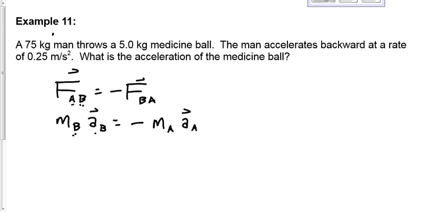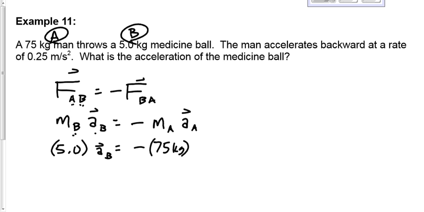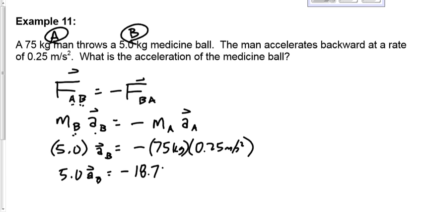Let's make the man object A, and let's make the medicine ball object B. If that's the case, we're going to say 5.0 kilograms for the mass of object B times the acceleration, that's what we're looking for, the acceleration of the medicine ball, equals negative 75 meters per second squared. 75 times 0.25 is, and we're going to say now negative 18.75 divided by 5.